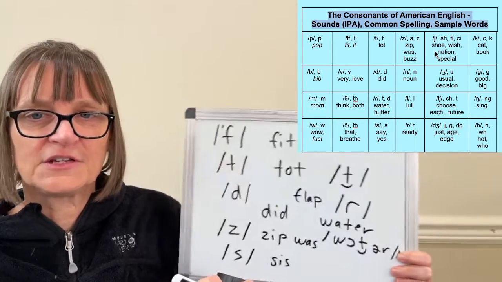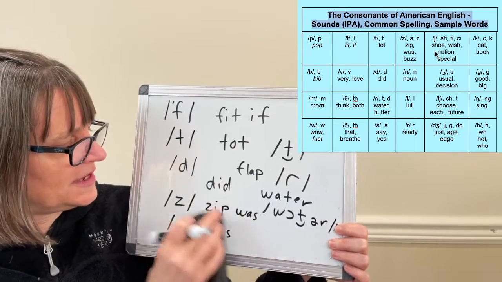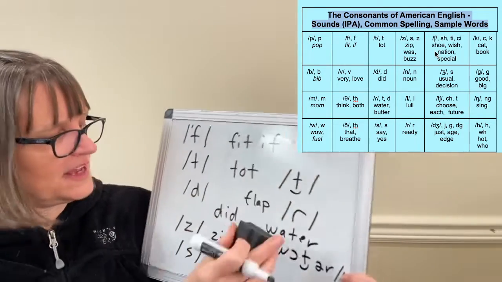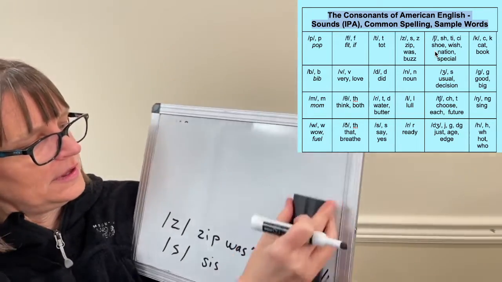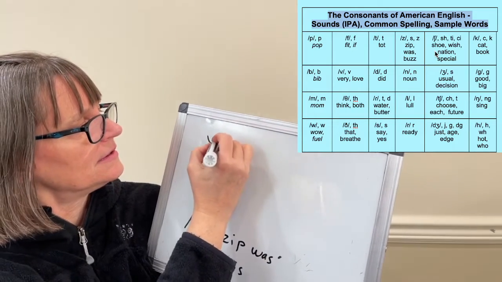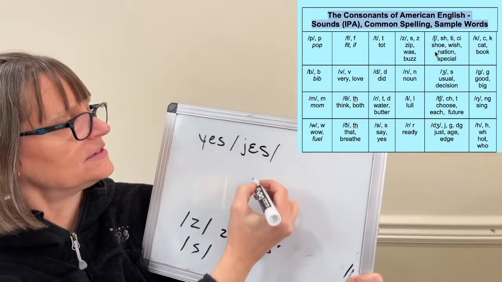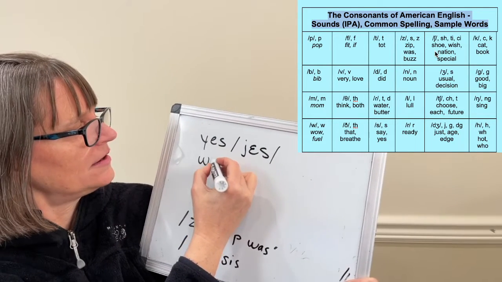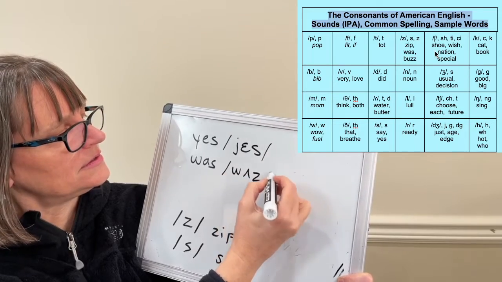But again, in the dictionary, if you're looking in the IPA, you can see whether a word says z or s. So for example, if I'm looking at the word yes, in the dictionary, the IPA is going to be y, s, yes. And if I'm looking at was, I'll see it's w, z.